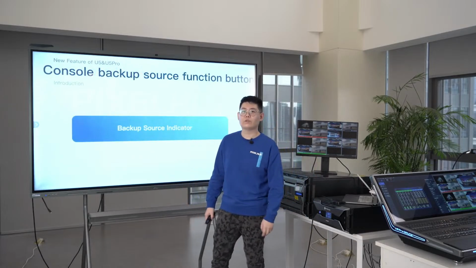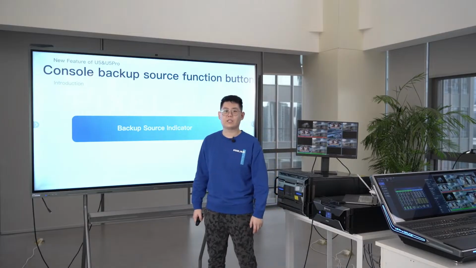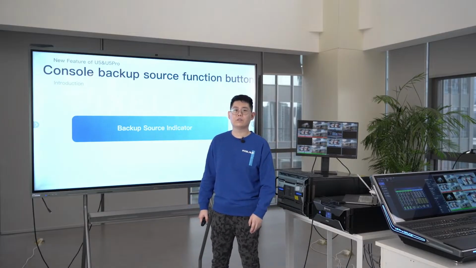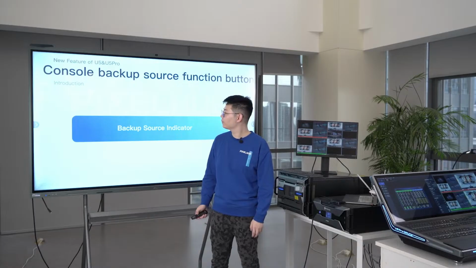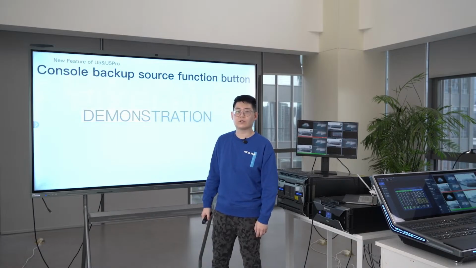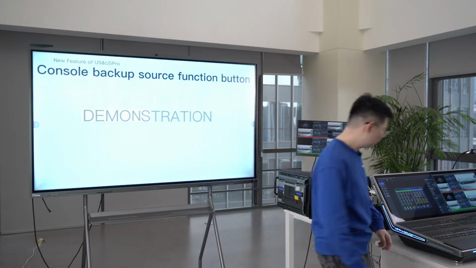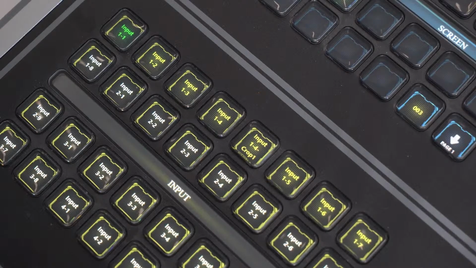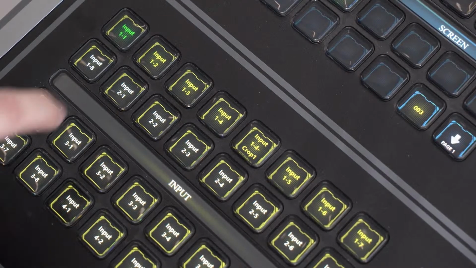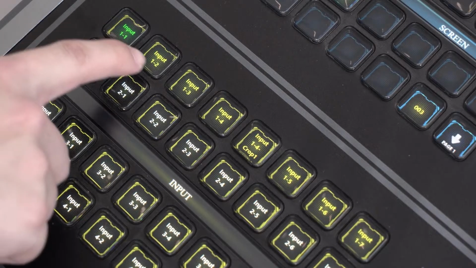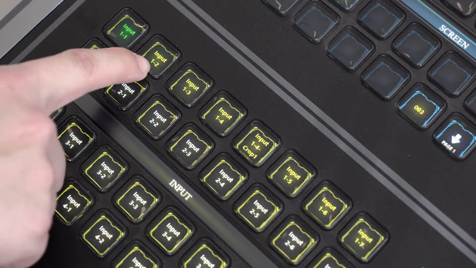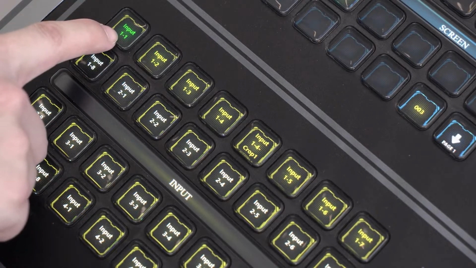Also, for improved clarity, input source backup status is now displayed on both the event controller key and playback interface. Let me show you a demonstration of this. I have already set up a backup relationship for input 1.1 and input 1.2. I use input 1.2 to back up input 1.1.